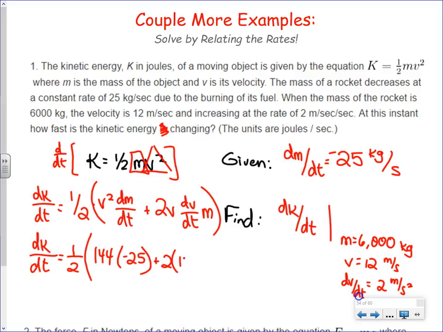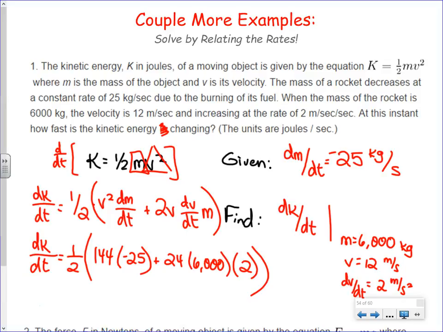Or you can plug it into the calculator. I guess you can factor out a meters per second. Well, they give you everything. Oh, I forgot. Can I make it work? Joules per second.